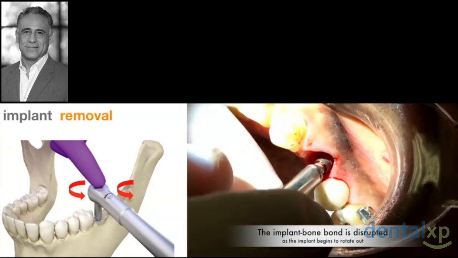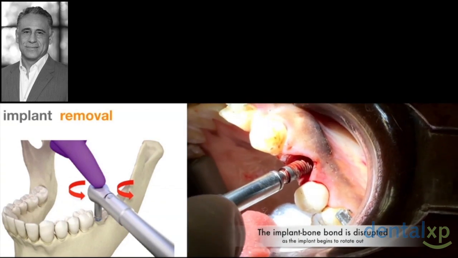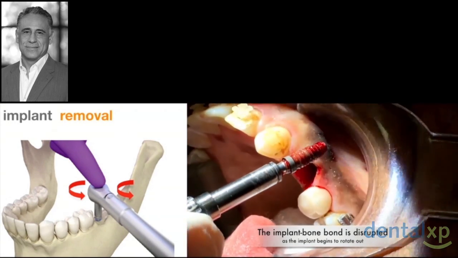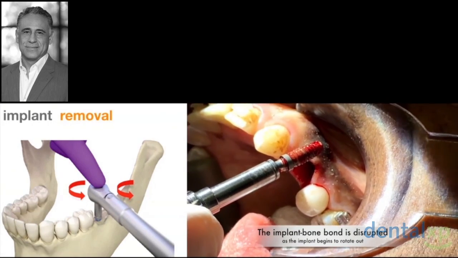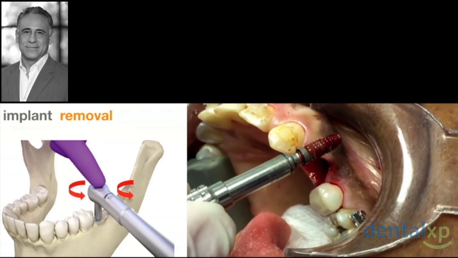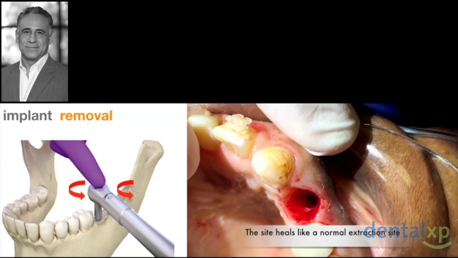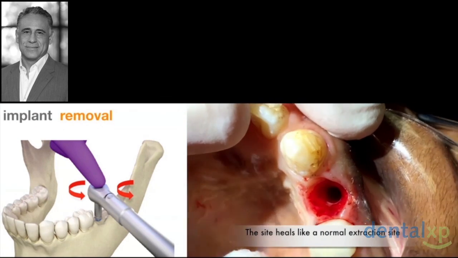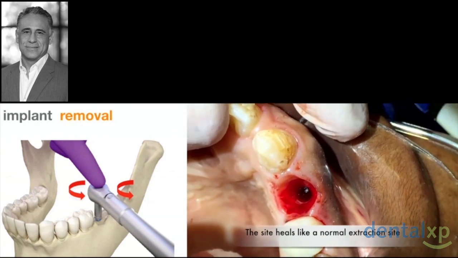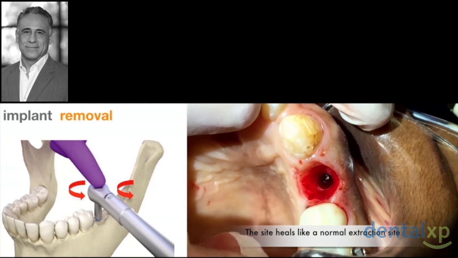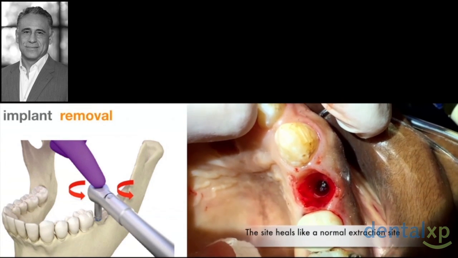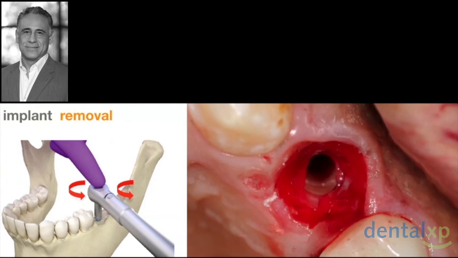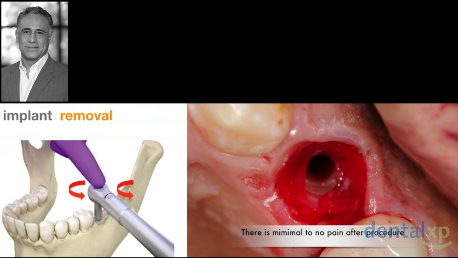But ultimately the implant can be removed quite easily and readily without a single incision, and then degranulate the site, irrigate, cleanse, perhaps allow it to heal like a normal extraction site, especially if the soft tissue is compromised, or certainly bone graft if necessary to preserve the existing bone, and then plan for replacement at a later time.